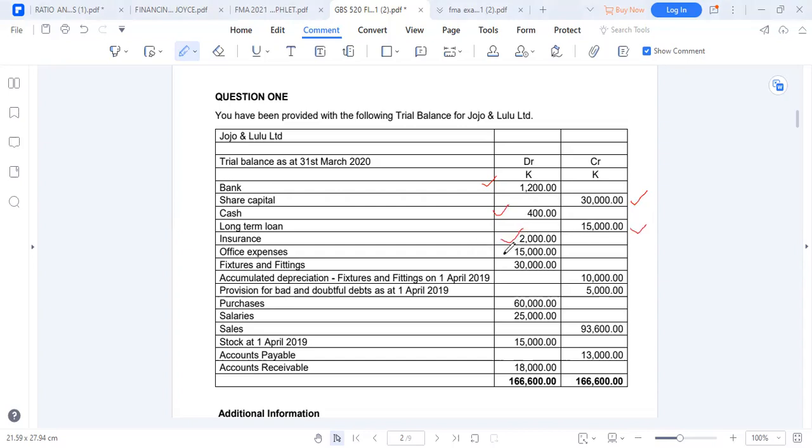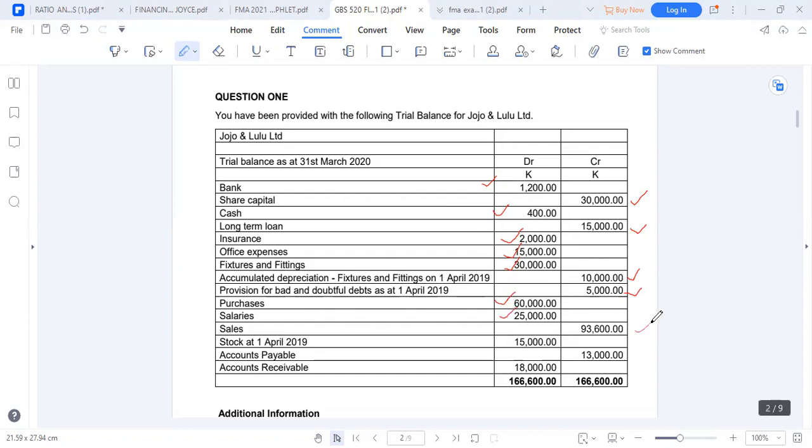Insurance is an expense, office expenses, already the expenses. Fittings and fixtures, the assets. Assets have a debit balance. Accumulated depreciation is credited because it reduces what? The asset of the fittings and fixtures. Provision for doubtful debts, they reduce our debtors. Purchases have a debit balance. Salaries are expenses.